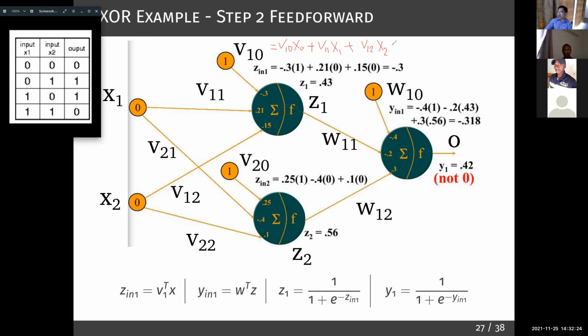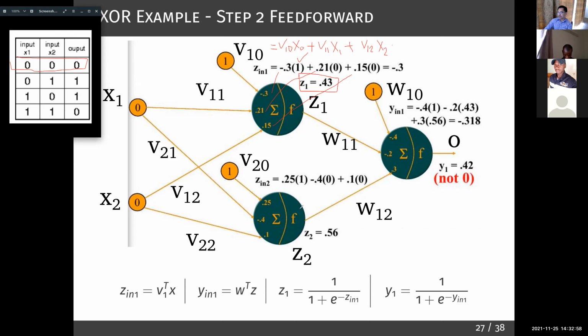X0 is always 1. We substitute the initialized V values, and for X1, X2 we take the first row, 0, 0. The result is -3. Now you substitute this into the activation and your Z1 output is 0.43.